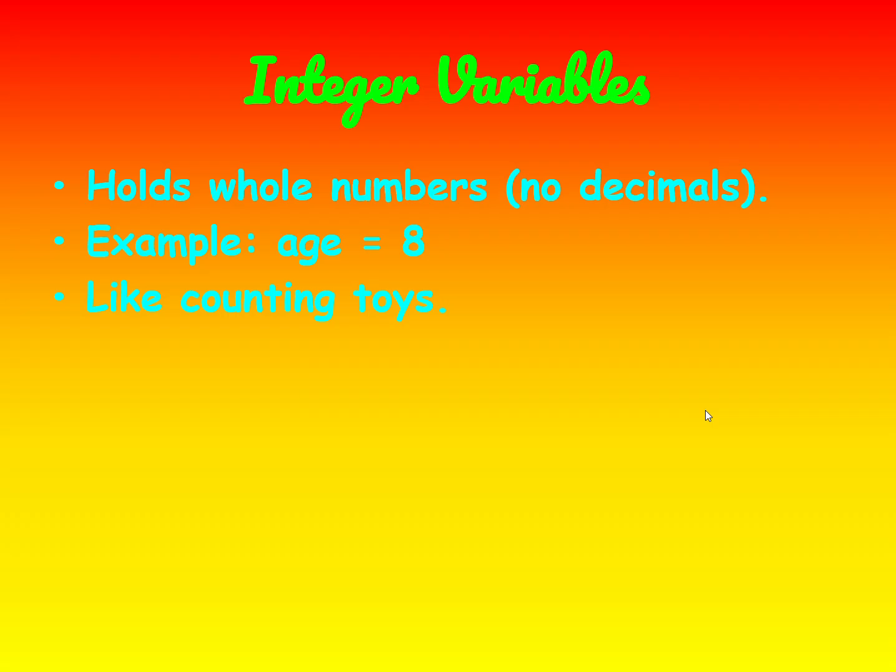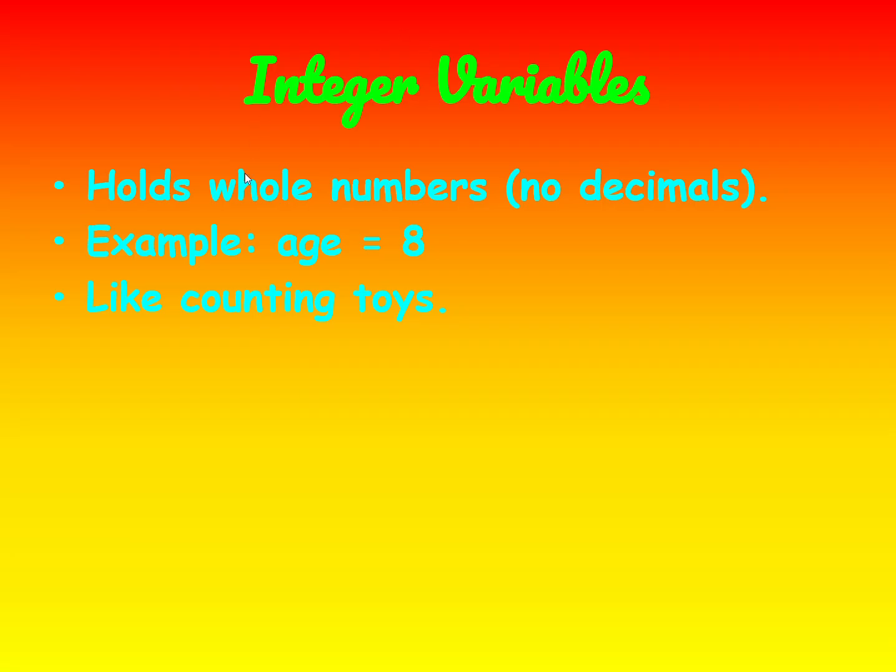Integer variables hold numbers, not decimals. Not decimals. Keep it in your head. No decimals. In Java, you can write int age equals 8, and in GW Basic, why am I giving examples? You're not supposed to know them. You don't really need to know them.